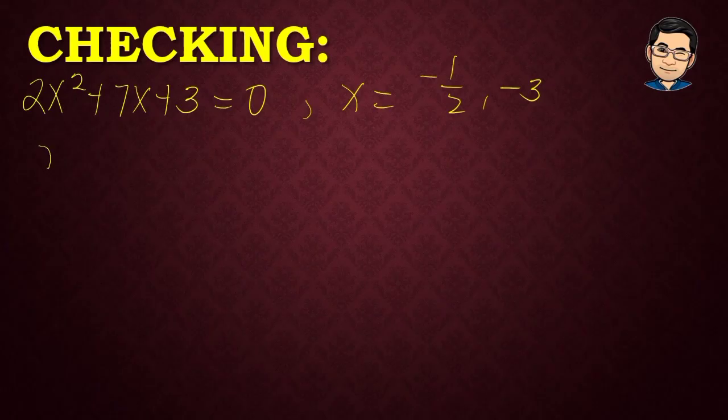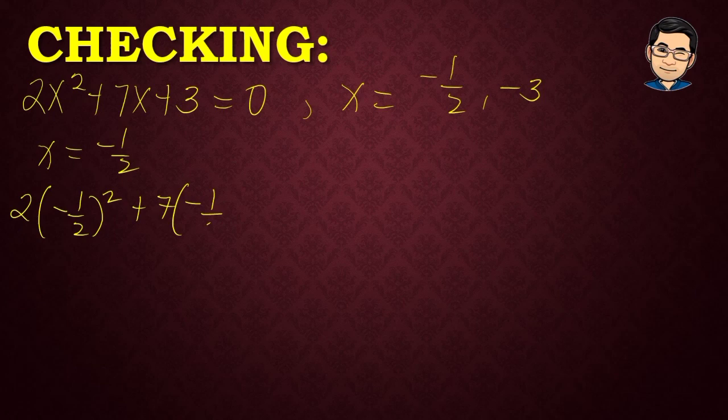So, if x equals negative 1 half, then 2 times negative 1 half squared plus 7 times negative 1 half plus 3 equals 0. So, what is negative 1 half squared? That is 1/4.